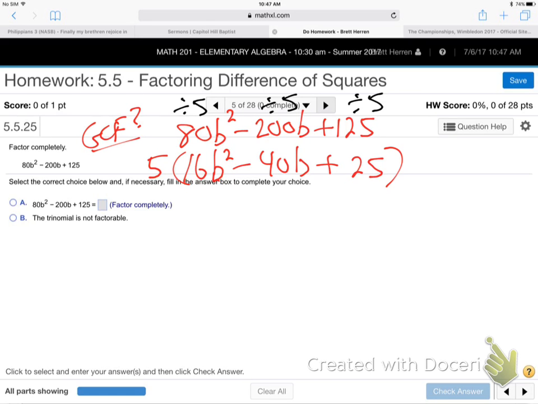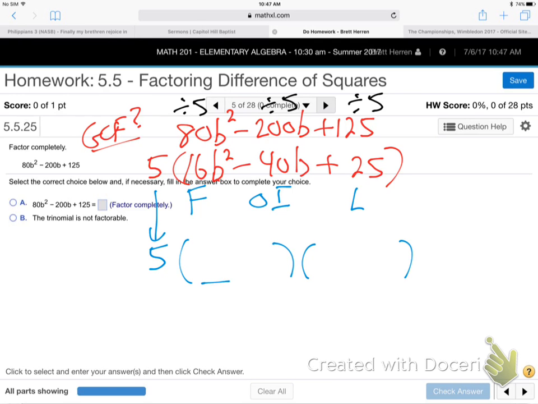And then you do the FOIL thing. Like that. Good. The 5 stays in the front, doesn't it? Whenever you take out a GCF, it stays there all the way to the end, right? And then the 2 parentheses, like that.